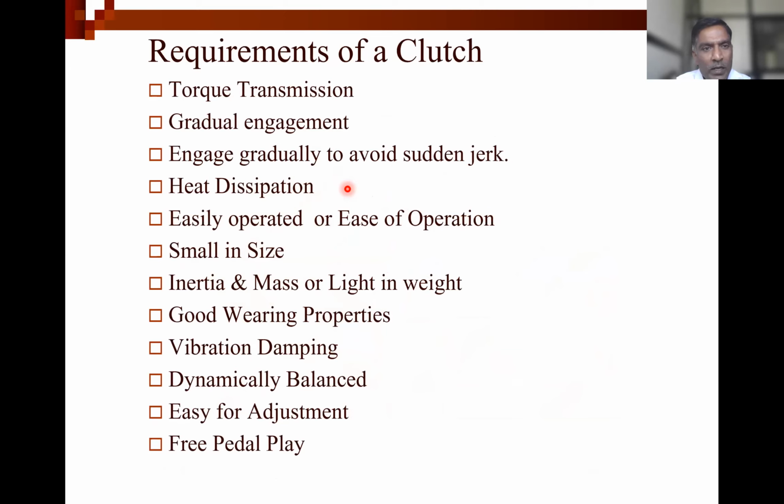So the first requirement is torque transmission. Whatever torque is available at the flywheel, the maximum part of that torque should be transmitted to the transmission system so that the vehicle is able to move from its place.